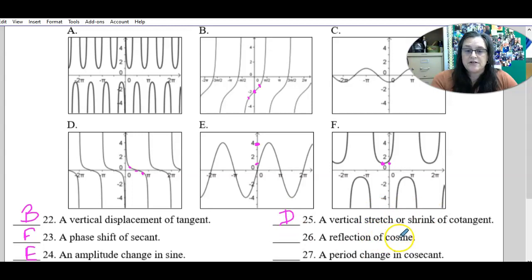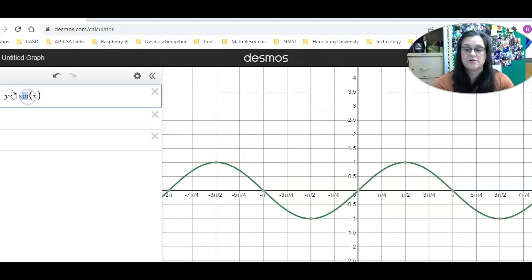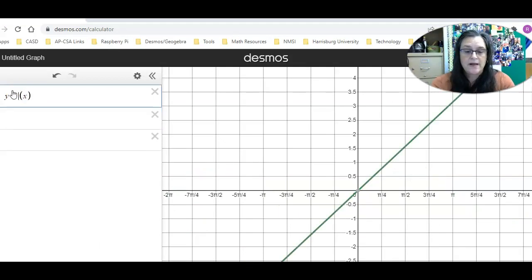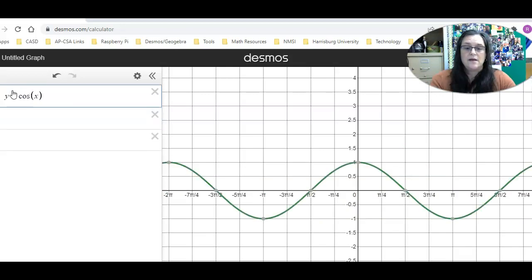26 is a reflection of cosine. The parent graph of cosine is the one that makes the cozy hammock shape. It has a y-intercept of 0, 1. Okay, so here's our parent graph of cosine. It starts up here at its maximum and then dips down to its minimum and back up again.